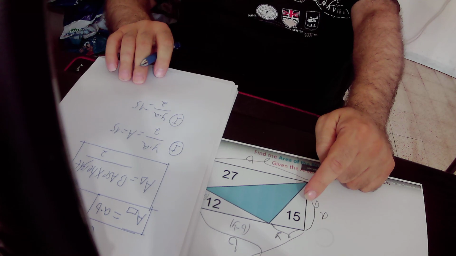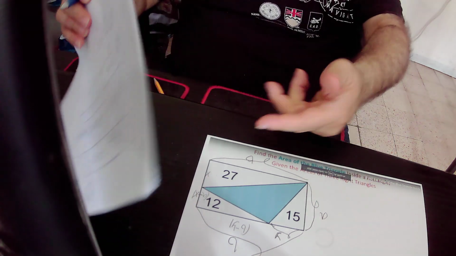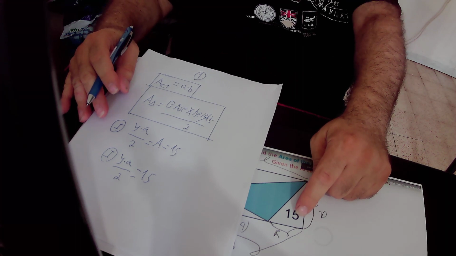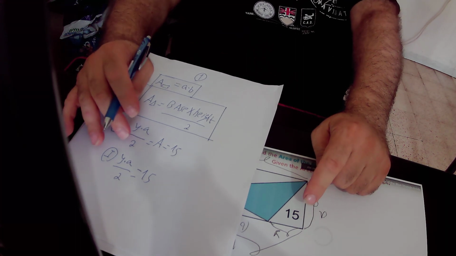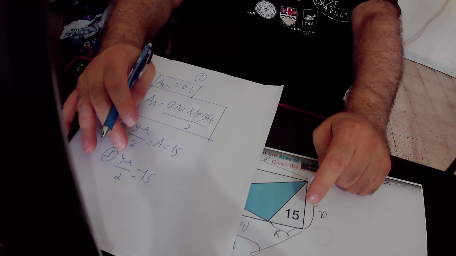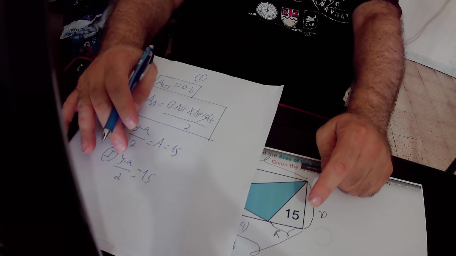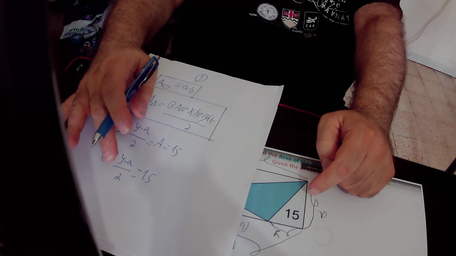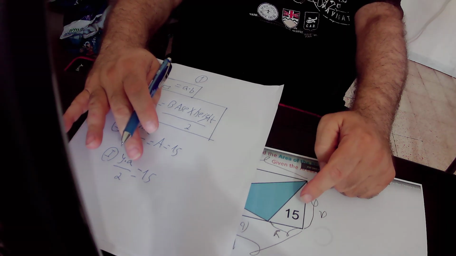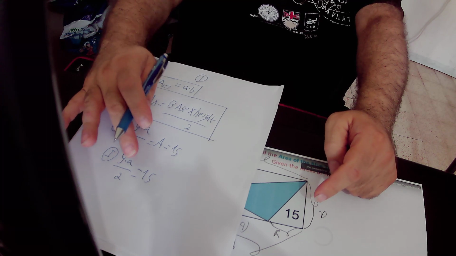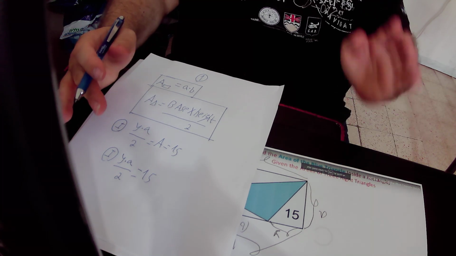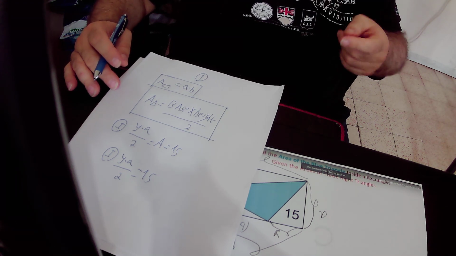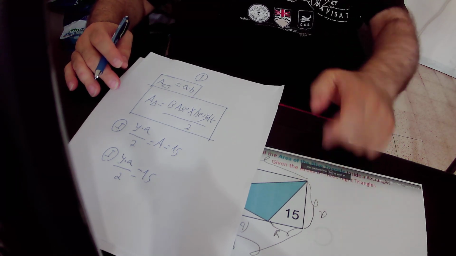So we created the formula for the area of this triangle: y times A divided by 2 equals 15 units. This is the first formula for the area of this right triangle.